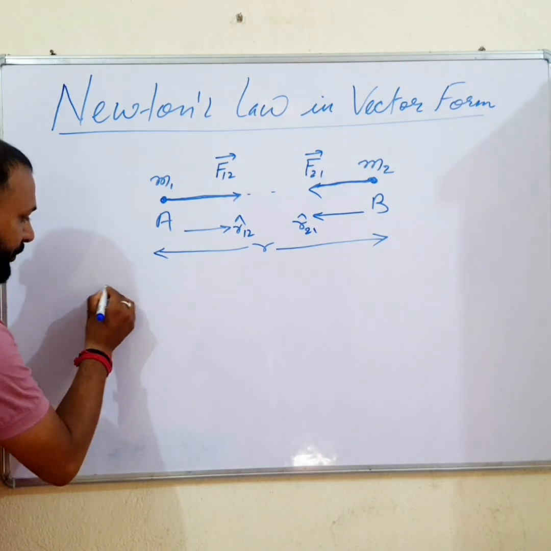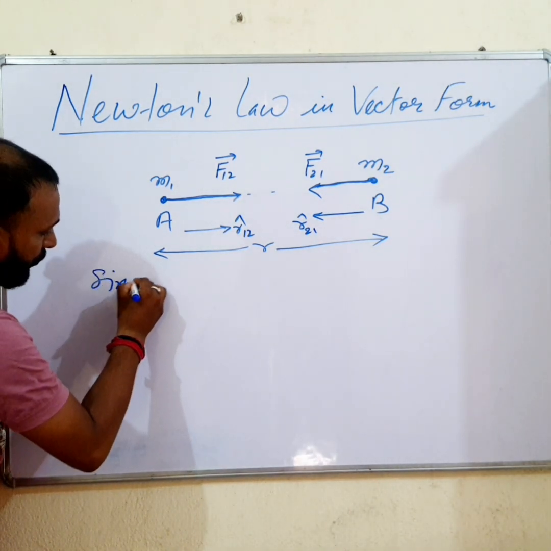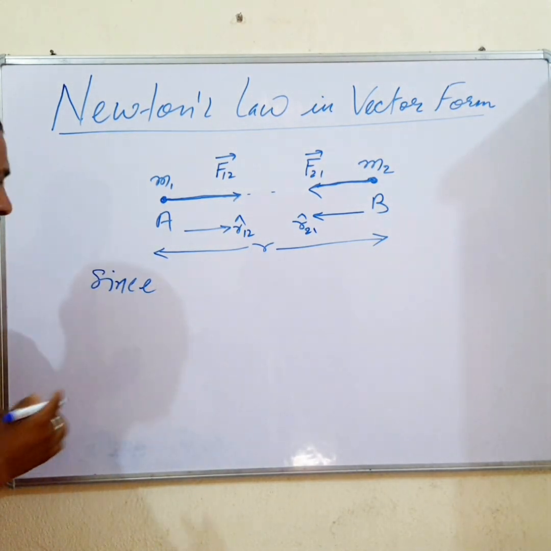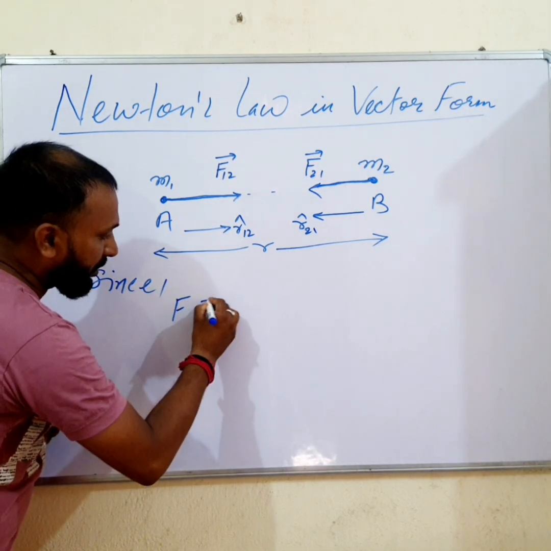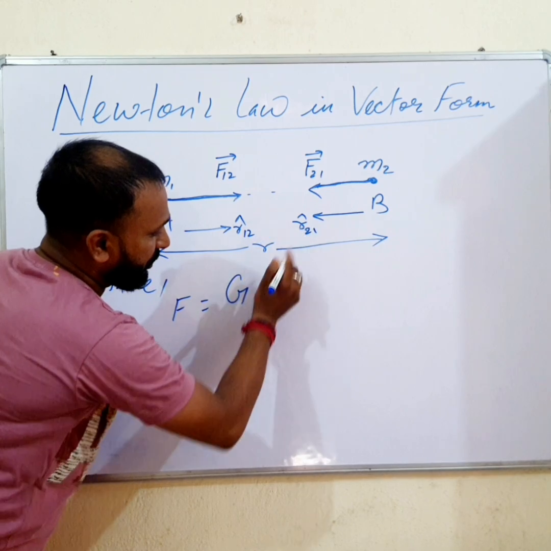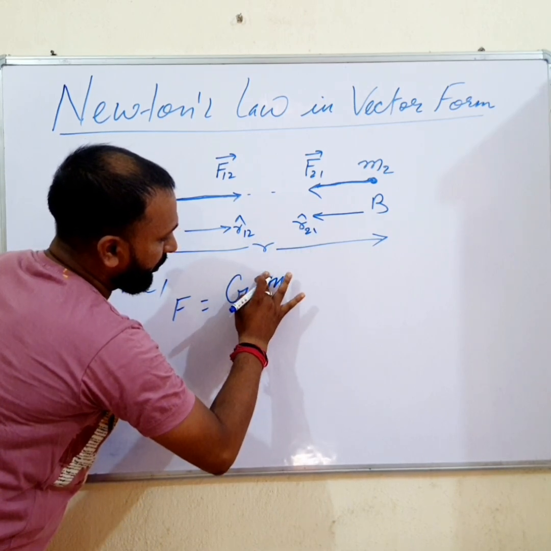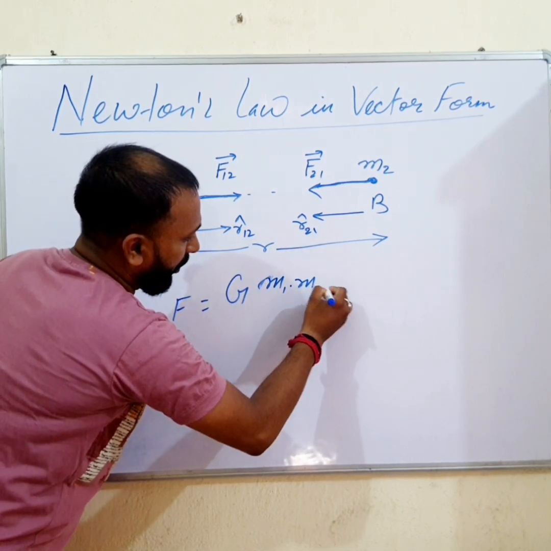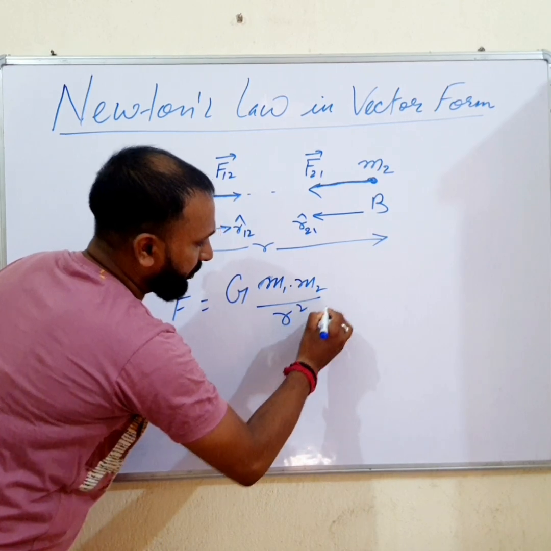We know that F equals m1 m2 upon r square.